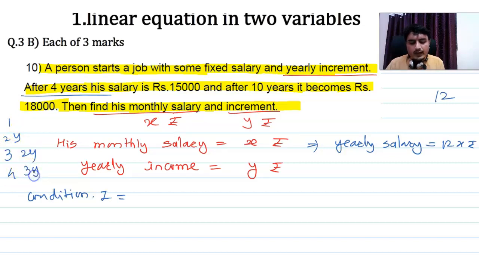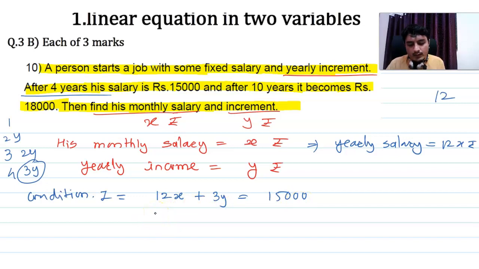Fourth year increment we have plus 3y. So the yearly salary is 12x, and after 4 years the increment is 3y, that equals 15,000. So after 4 years his yearly income was 12x plus 3y, and that is given as 15,000.